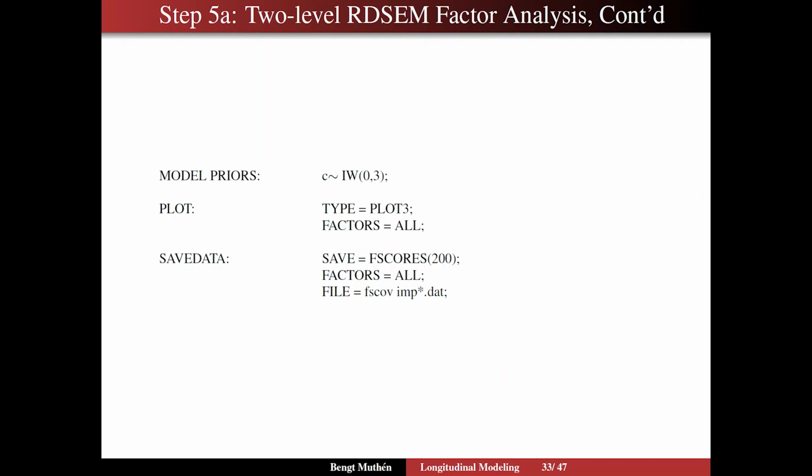It implies, without going into details, that the prior for this factor correlation is uniform in the range of -1 to +1, so in the range of a correlation. So that helps protecting us from iterations where the factor correlation goes beyond those bounds, for instance, going above +1.